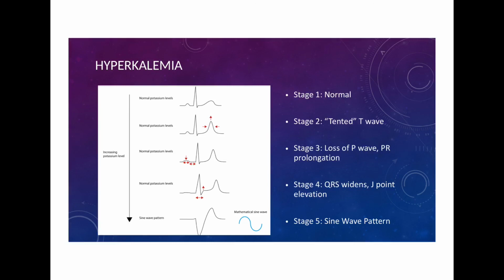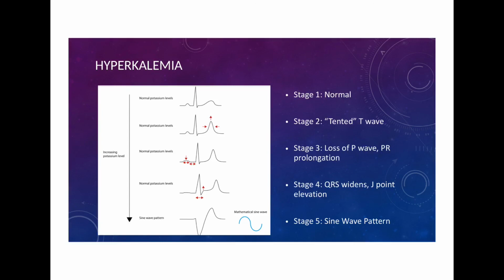Then, as the potassium level goes up more, you'll see that the QRS complex itself gets bigger. Remember that hyperkalemia was one of the causes of aberrancy, wide complex. That's not actually a sign of VT. And you'll see ST elevations as well. So remember that hyperkalemia was a cause of ST elevations.